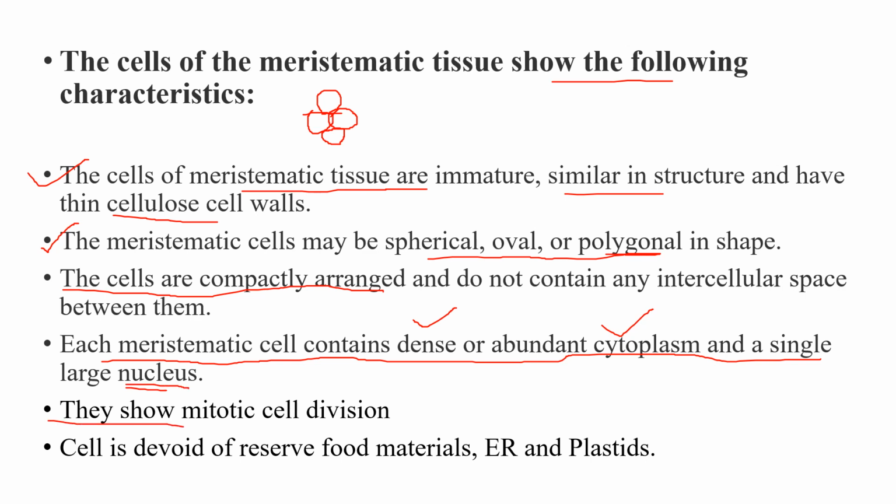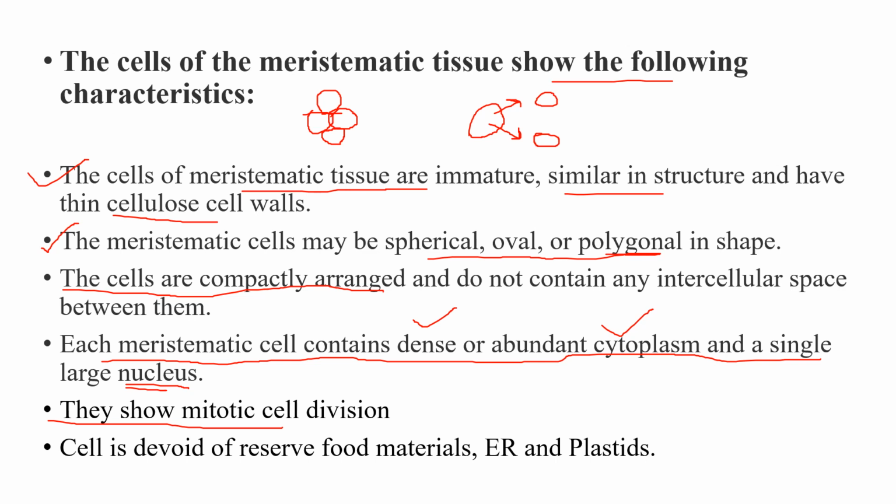Then they show mitotic cell division. When the meristematic cells grow, they divide by mitosis. Mitosis means equational division. Equational division means one diploid cell will give rise to two diploid cells, and both the cells have the same chromosome number as the mother cell.